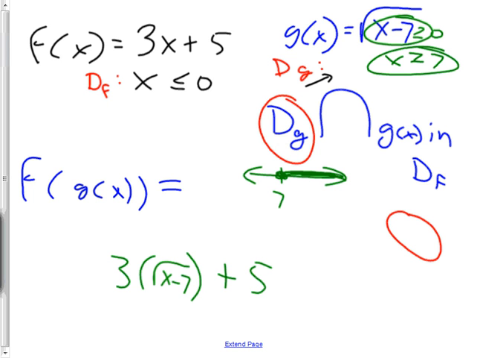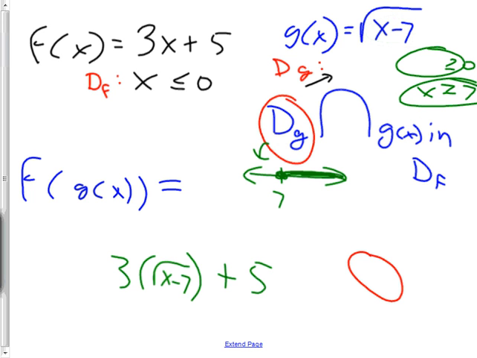Okay, so we've got our function all built here, and we have the beginning of our domain, which is the domain of g. But now we've got to do this weird part, g of x in the domain of f. So I got to go put g of x, which is this guy right here, and put it into the domain of f, which is right there.